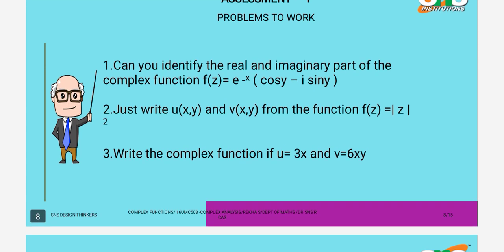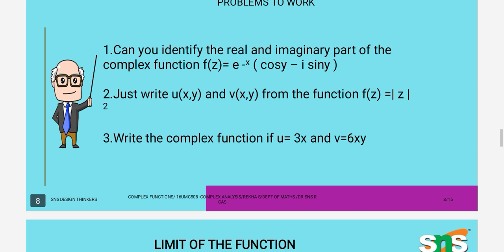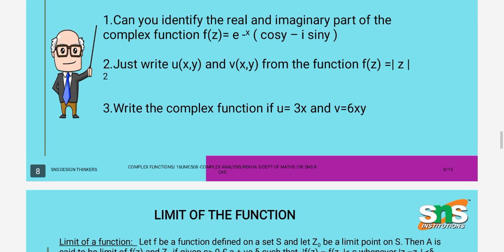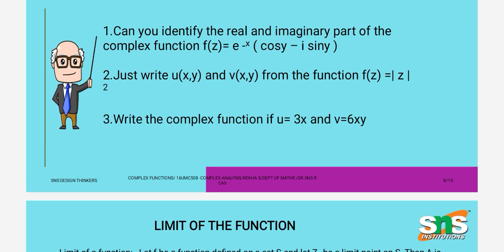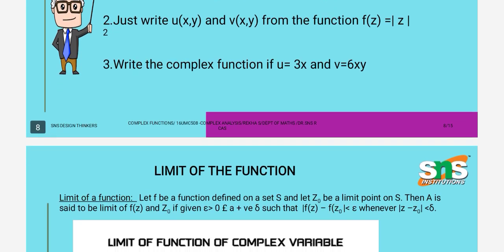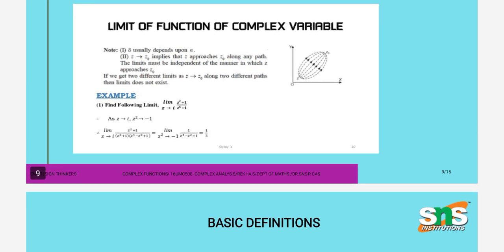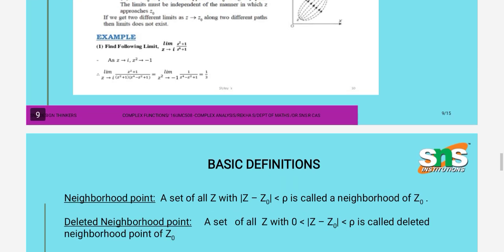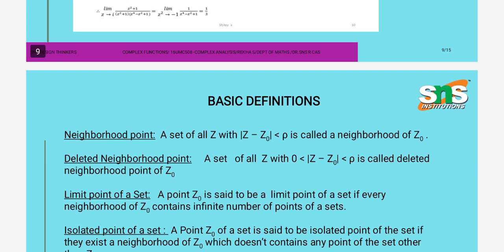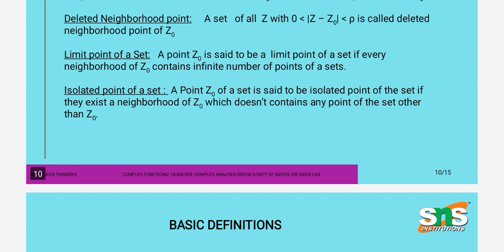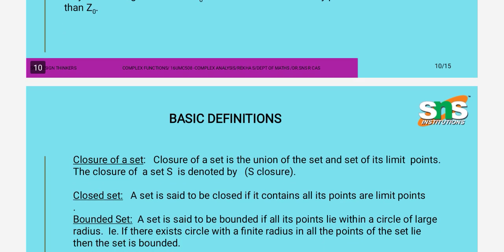Most of the design thinking based concept is application based, and our mathematics is also an application concept. It is mainly used in signal processing, and various fields also apply the complex function, and there is also the limit of functions. The limit of functions means applying the limit over all the points, and we also consider the neighborhood points and the limit point of a function.